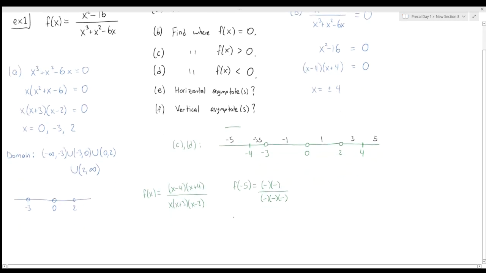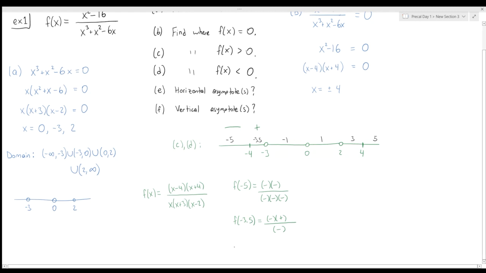And so we chose this test point to -3.5. And then this time you'll have a negative and a positive in the numerator. You'll still have 3 negatives in the denominator. So altogether the denominator is negative. So altogether f will be positive in that little hole there.